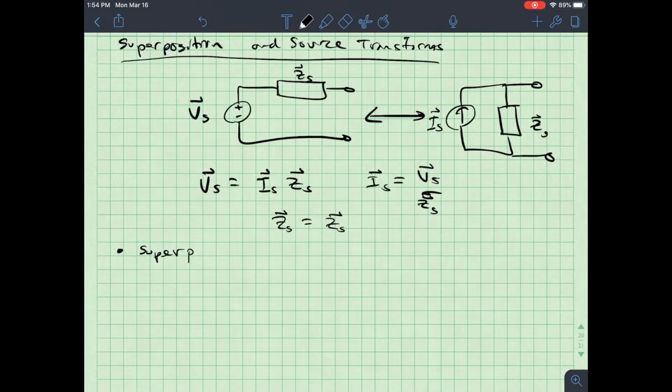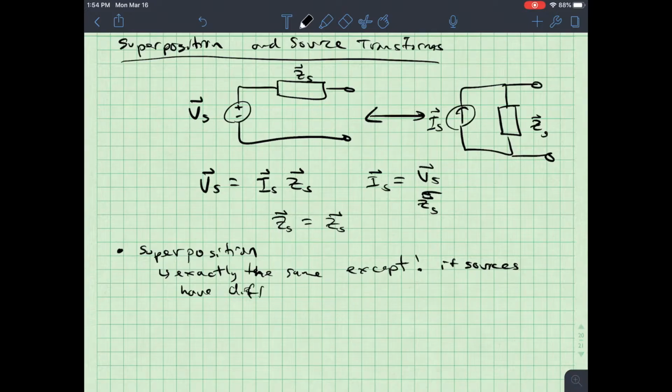Anyhow, superposition. Alright, so we're applying superposition exactly the same as DC, except if the sources have different omegas, then the phasor transform is different for the circuit.